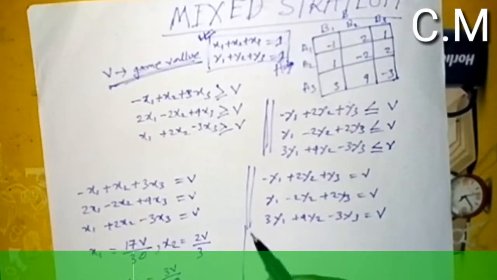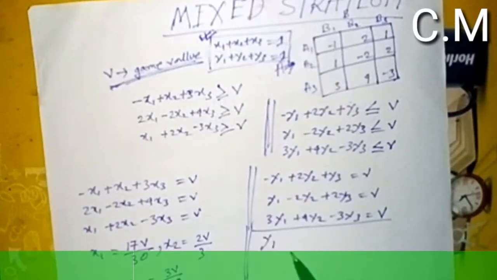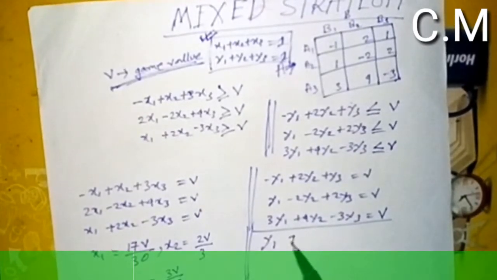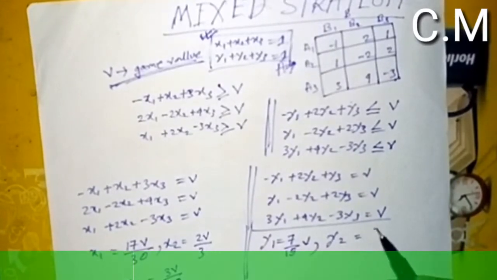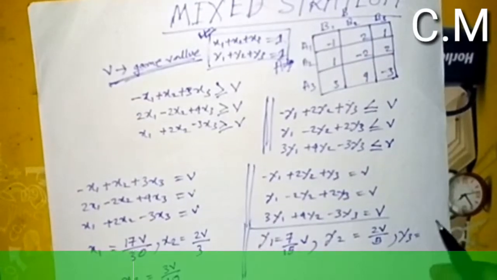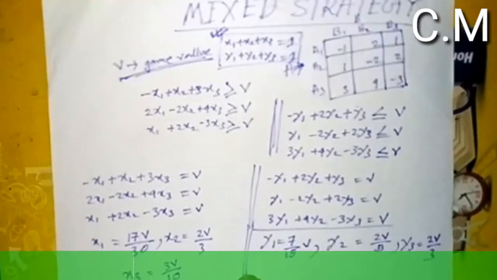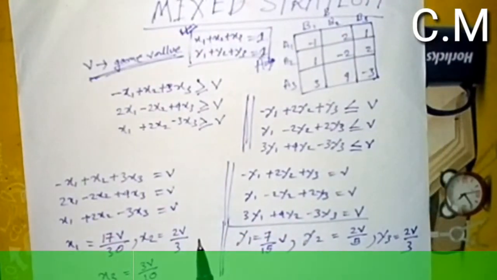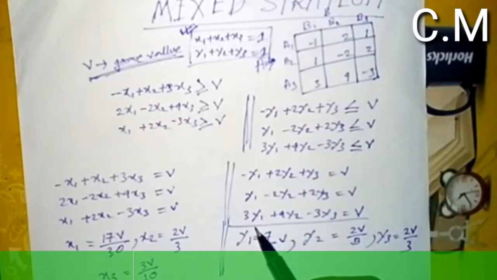Similarly, we find y1 equals 7v by 15, y2 equals 2v by 5, and y3 equals 2v by 3. Friends, how you solve these equations to determine x1, x2, x3 and y1, y2, y3 totally depends on you.